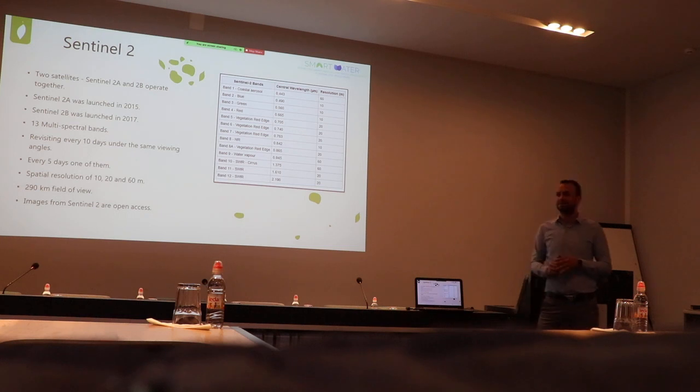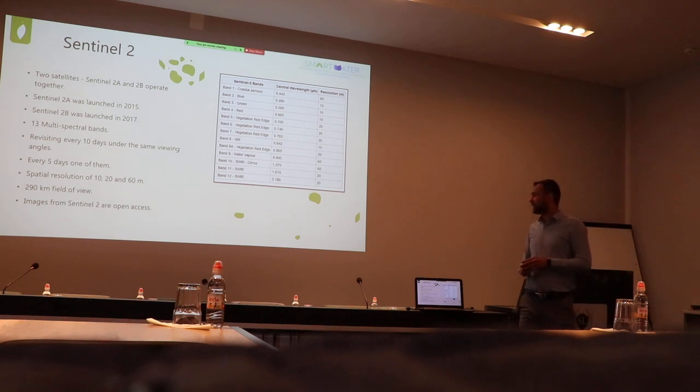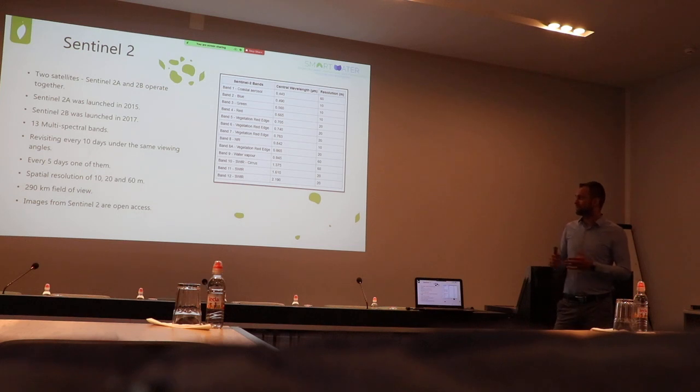Each satellite revisits every 10 days under the same viewing angles, so every 5 days we can have a picture of the same target area of the land, and they have a spatial resolution of 10, 20, or 60 meters, and a 290 kilometer field of view.